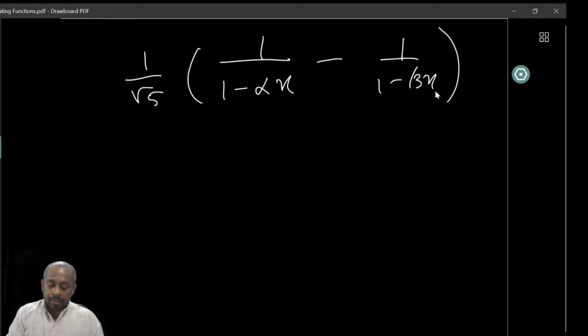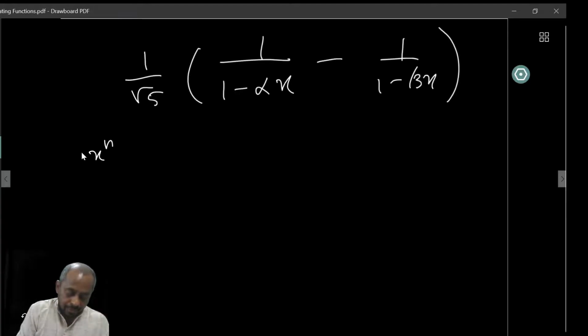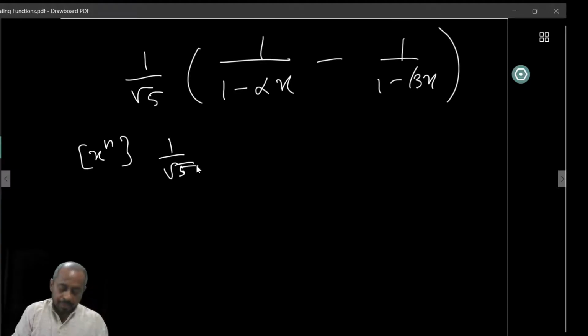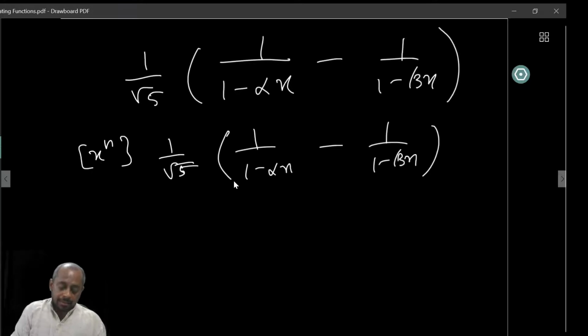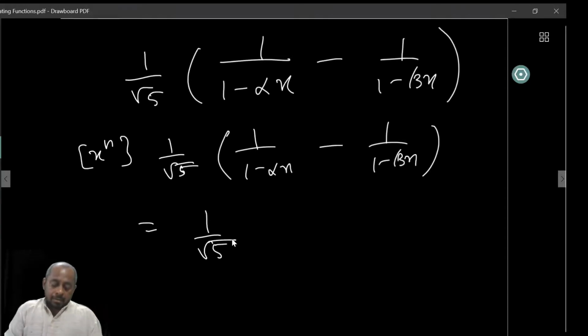Now, from this you can read out the coefficient of x raised to n, right? 1 by root 5 into 1 by 1 minus alpha x minus 1 by 1 minus beta x is precisely 1 by square root of 5 times the series in which 1 by 1 minus alpha x gives alpha raised to n, and minus beta raised to n.